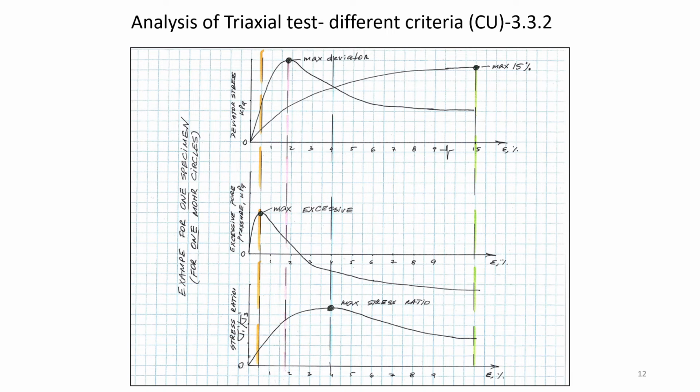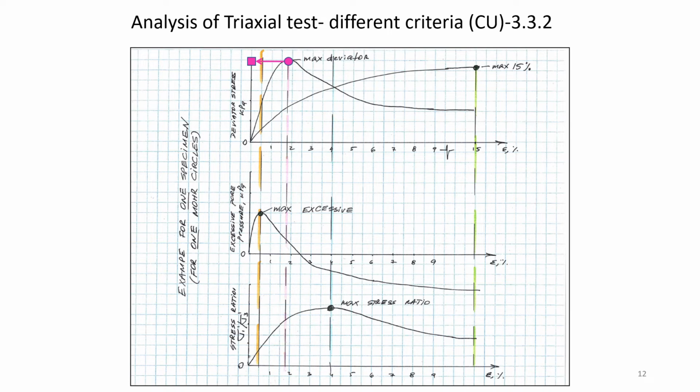Okay, I just would like to talk about criteria. This is very important because depending on the criteria you pick during your analysis, you can get different friction angle and cohesion. For example, let's assume you pick the maximum deviator stress.